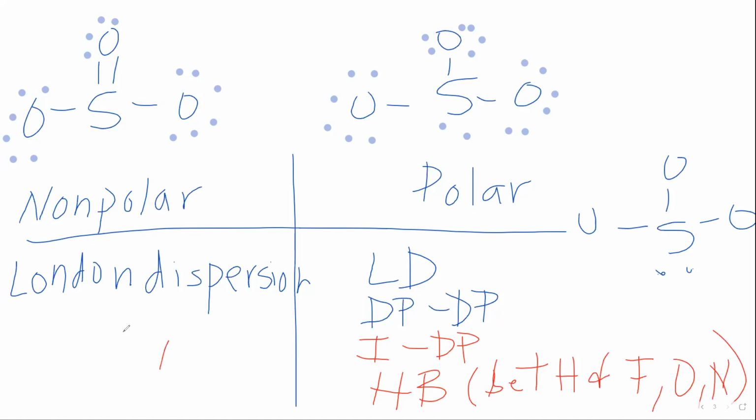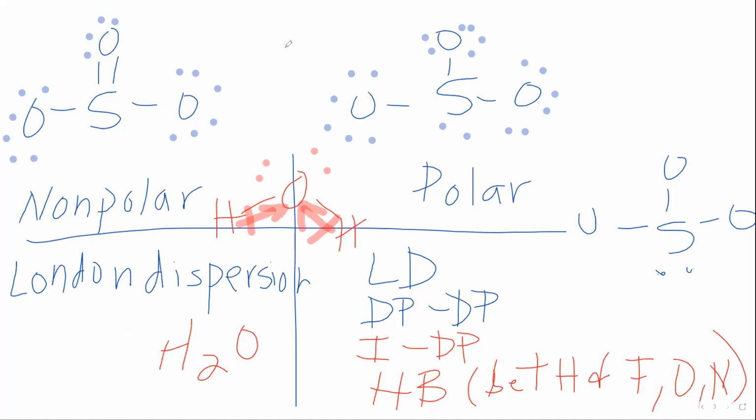Water, however, has a hydrogen bond, and I'm going to show you the real structure of water. It's actually two hydrogens and two lone pairs. Okay, so the lone pairs are going to pull up, right?